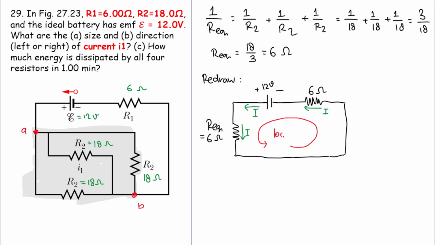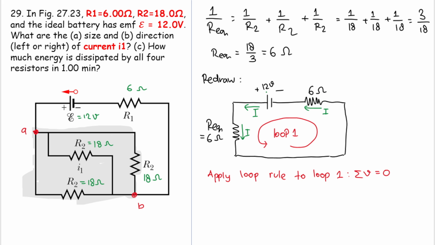Let's name this loop as loop 1, and let's apply the Kirchhoff loop rule to loop 1. The Kirchhoff loop rule says that the sum of the voltages in a loop will equal 0. However, we have to be very careful about the sign.